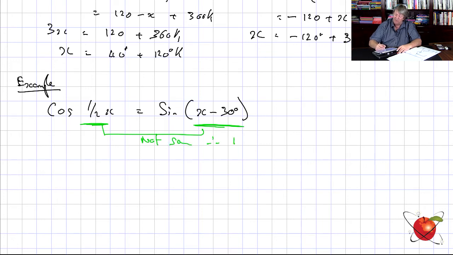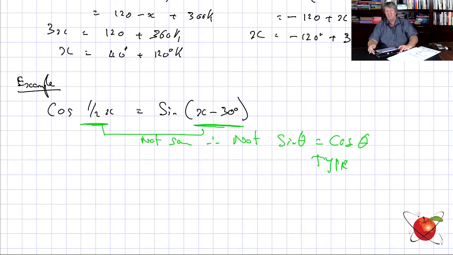Not the same, therefore, not a sine theta equals cos theta type. It's not a sine theta equals cos theta type because that's not the same as that. If it was, we could divide through by it, in other words, to create tan, but it's not the same.